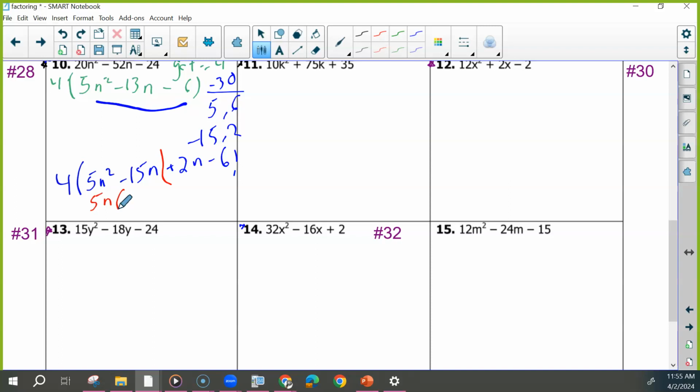What would be left here? Just n. Keep bringing down that 4. I didn't for a second. And then what would be left? What would we divide out of those two? Positive 2. What would be left? That was a 2. It was supposed to be.